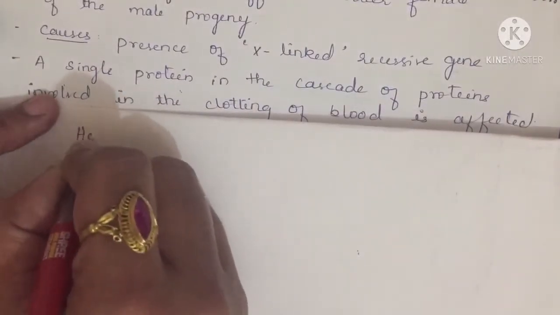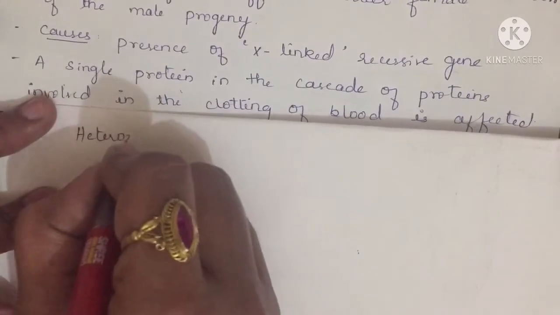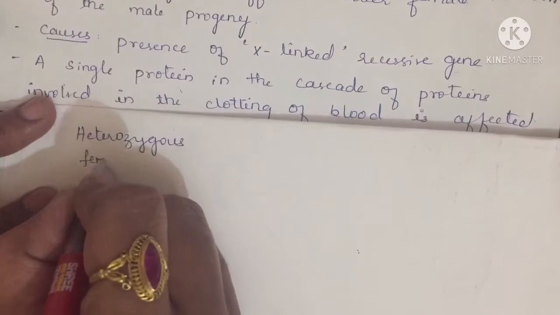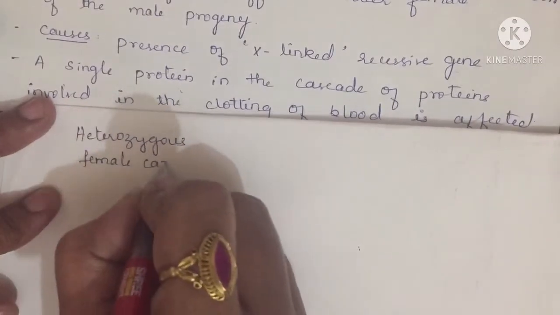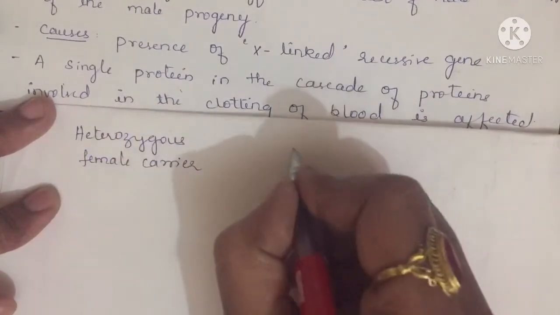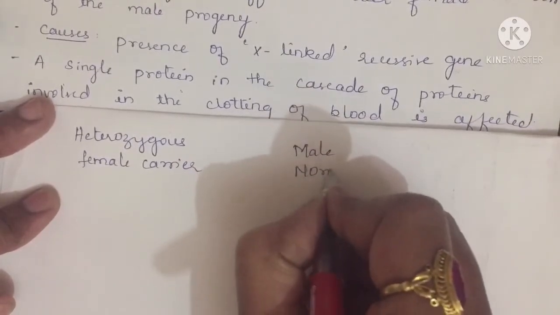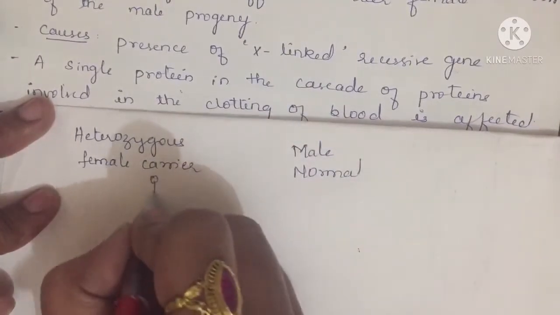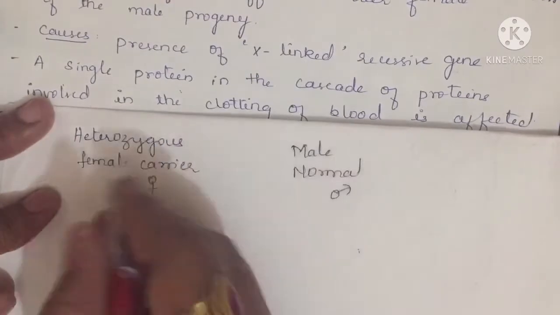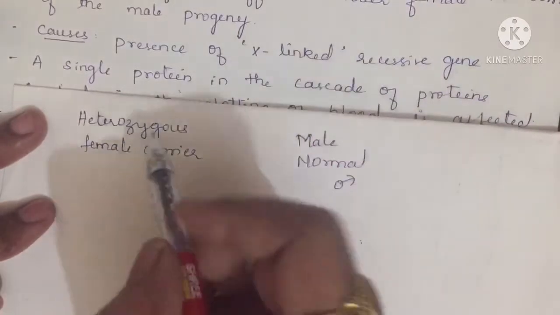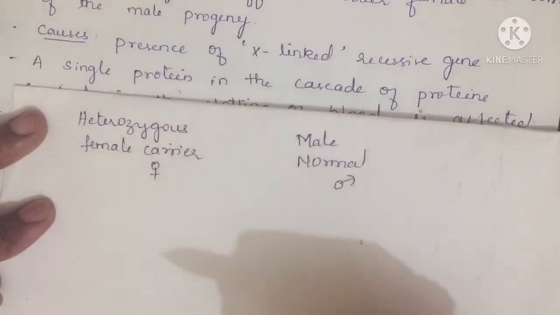First I shall show you a heterozygous female who is a carrier, and a normal male. Now this is the female, this is the male. I have already written it and I am showing this. The male is normal. What we are saying is that it is transmitted from the female carrier to the male.